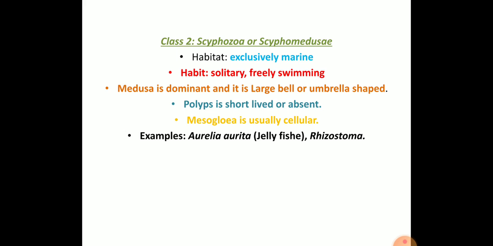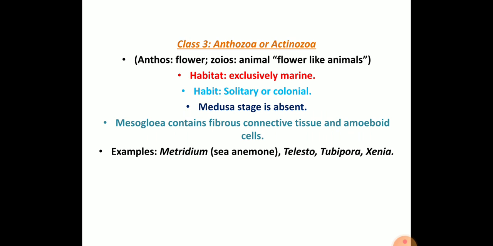Polyps are very short lived or absent, and the mesoglea is usually cellular in nature. The gonads are endodermal, and sexual cells are discharged from the gonads. An example is Aurelia, the jellyfish.